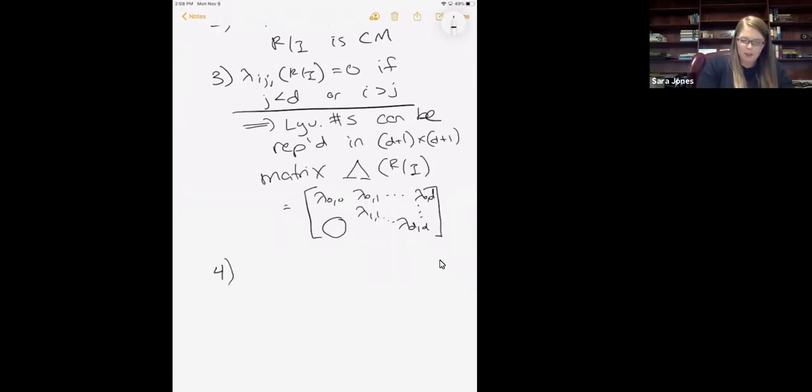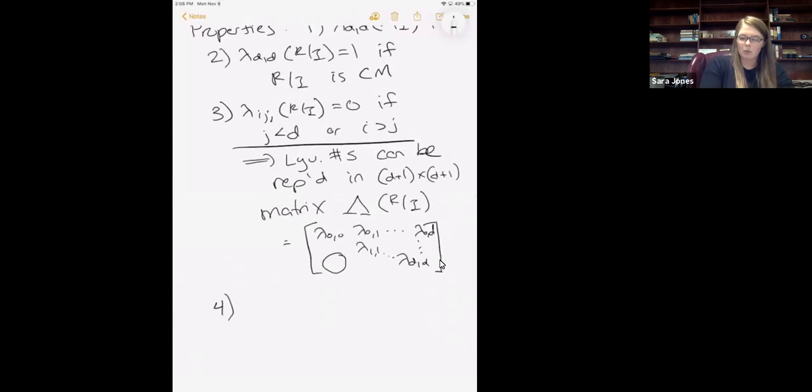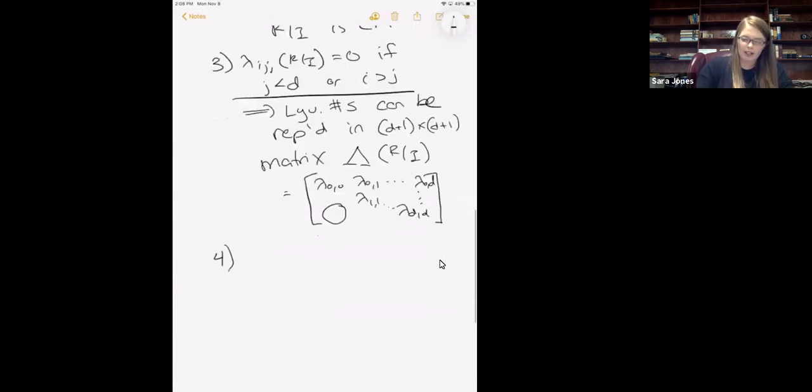Okay, so then the fourth property that I mentioned, we can even say more specifically based off of property 2, which was that the highest Lyubeznik number is 1 if R mod I is Cohen-Macaulay. Now that we see this Lyubeznik table representation, another property says that the Lyubeznik table of R mod I is trivial. And by trivial, we mean it's actually 0 everywhere except for the highest Lyubeznik number, which in this case is 1.